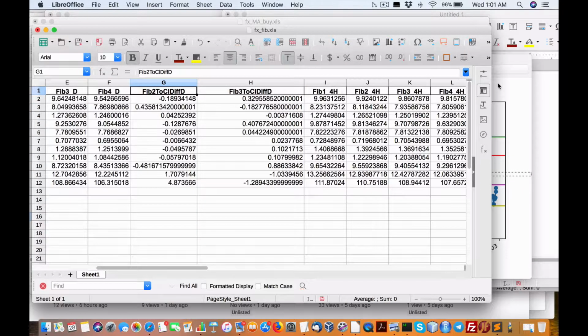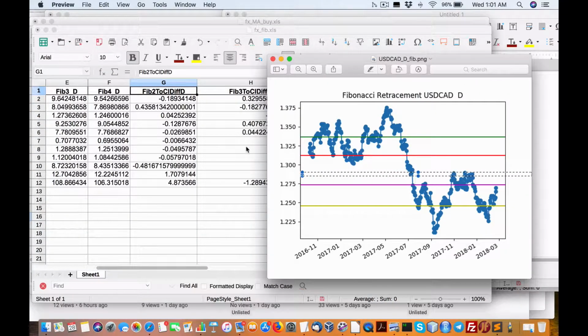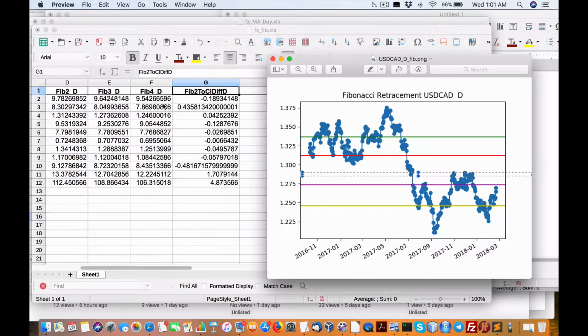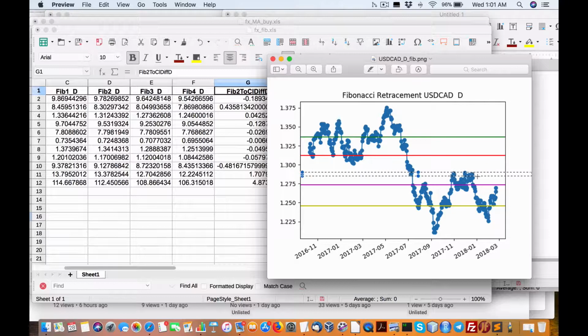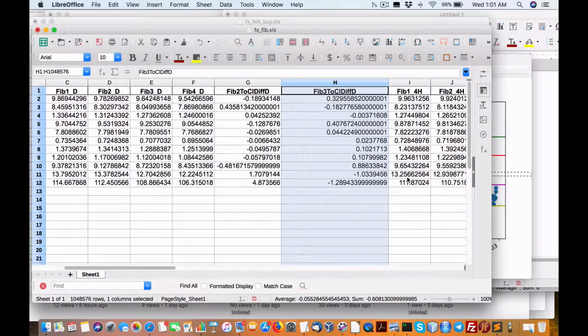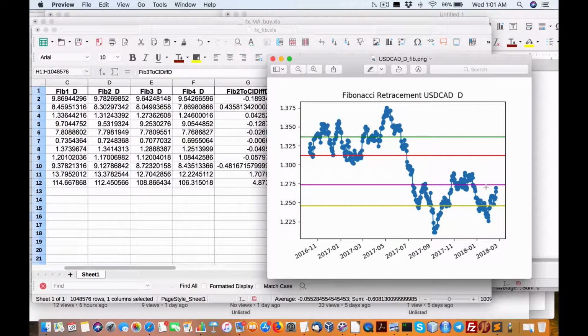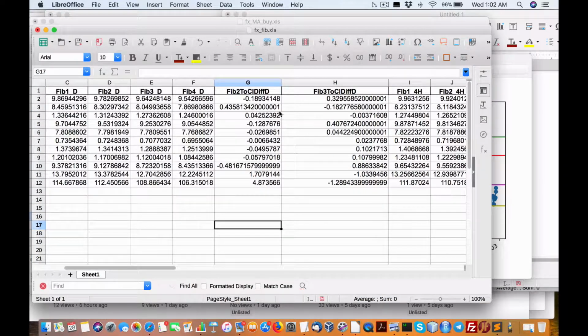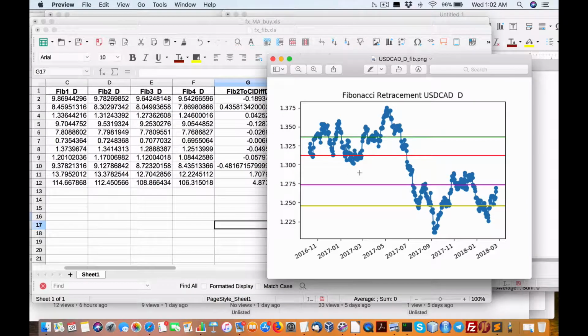So essentially what we're doing here is we're trying to determine the closest to zero between Fibonacci level 2 here in the red and the closing price, and also here the closest between level 3 and the closing price. So what we're trying to do is gauge which gets us closest into this range, and the closer to zero we are, the better.